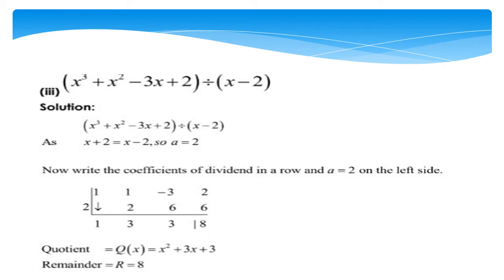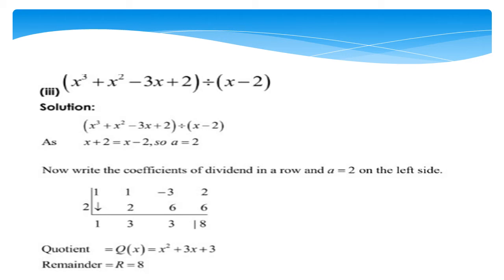Write down the 2, and 2 plus 6 is 8. The remainder is 8, and the quotient coefficients are 1, 3 and 3.